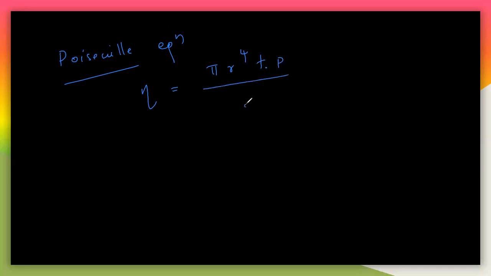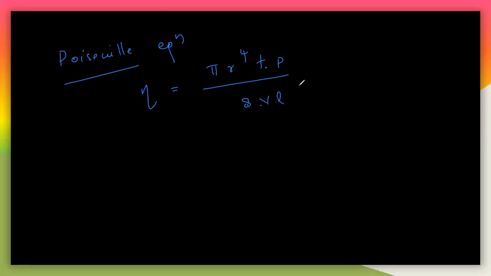So that is the Poiseuille equation here. So this Poiseuille equation, which is neta, is equal to pi r power 4 times time and pressure, by 8 times volume and the length. That is the distance traveled here.